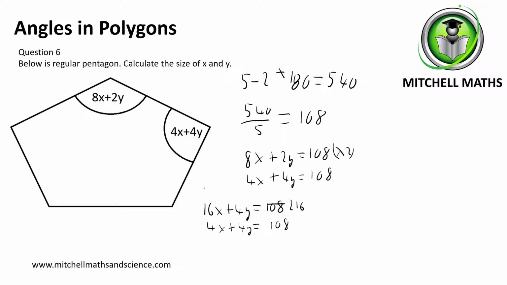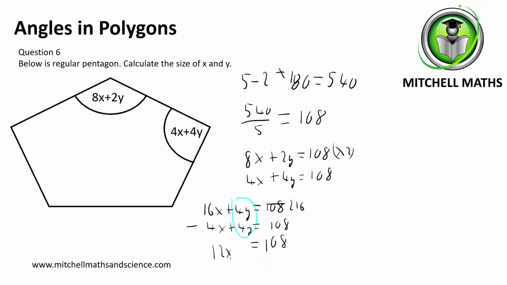What I was doing is making the y's the same so I can eliminate them. Because they're both positive, I'm going to need to subtract in order to get rid of the y's. So 16x minus 4x is 12x. 216 minus 108 is going to be just 108.